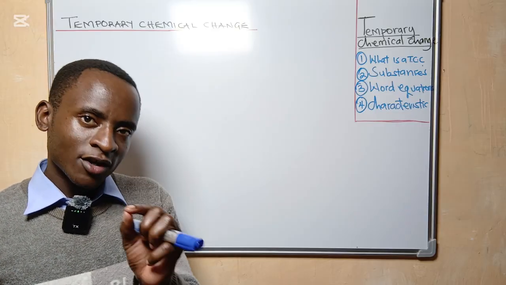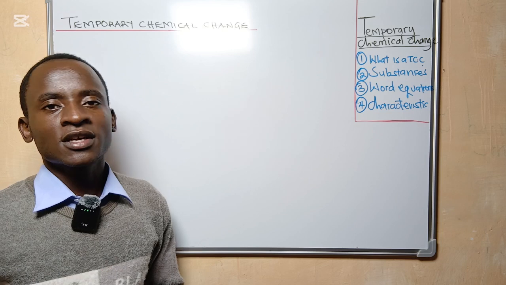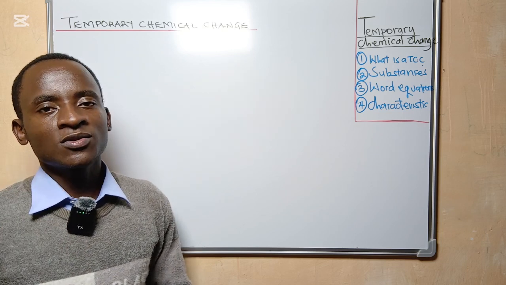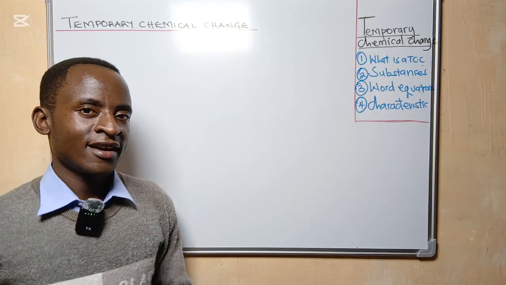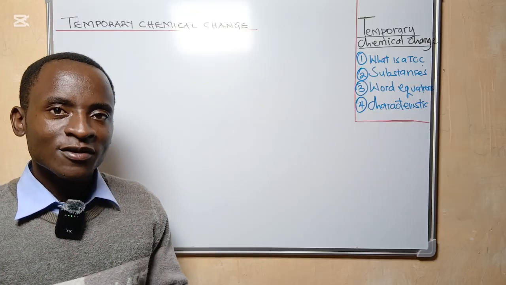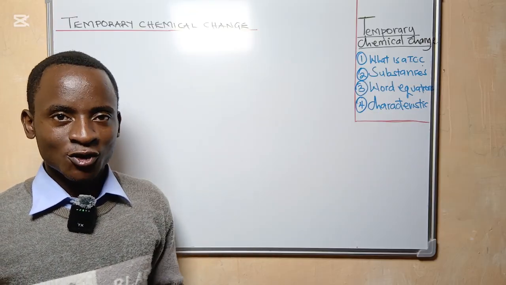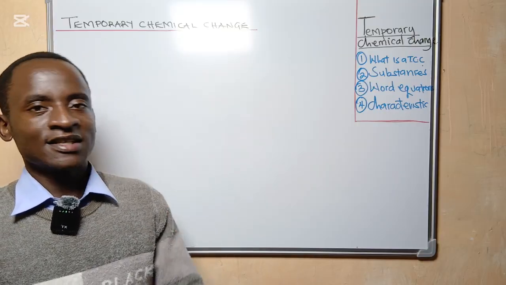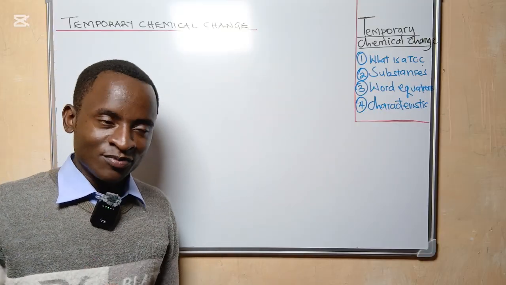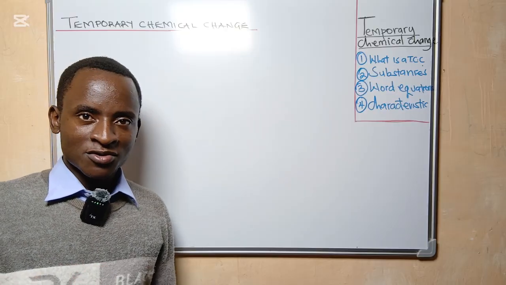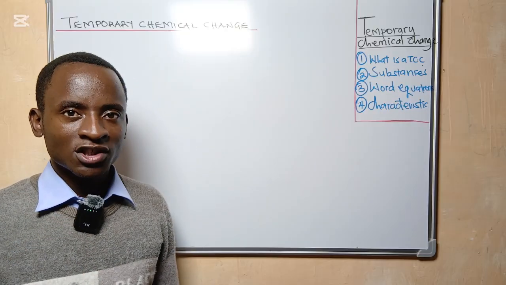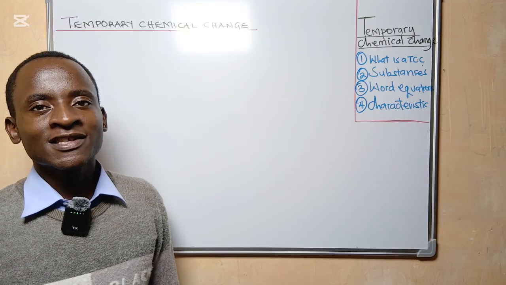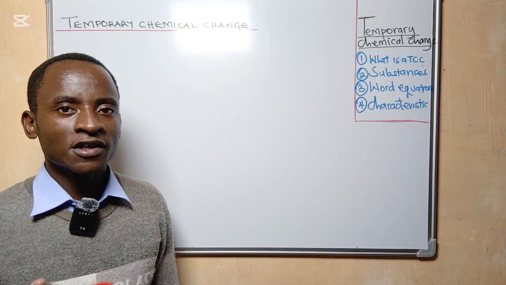Then I also remember we mentioned that we have two types of temporary change. These are the temporary physical change, which we talked about yesterday, and the temporary chemical change. Just in summary, a temporary physical change is a type of change which is easily reversible and there is no formation of a new substance.